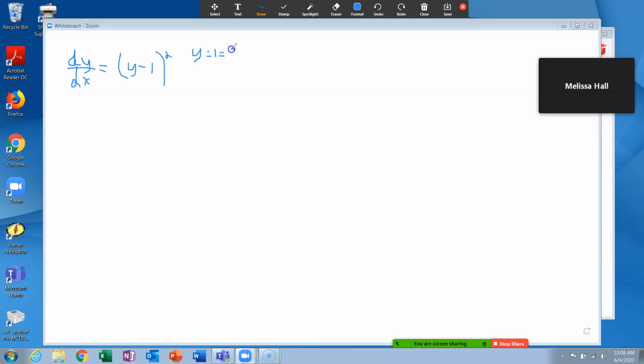The only thing I don't like about calling it c, I'm so used to Cal 1 where c would represent a value on the x-axis. This is one on the y-axis. So just hang on to that and remember. Okay? Now, let me do my lines again.